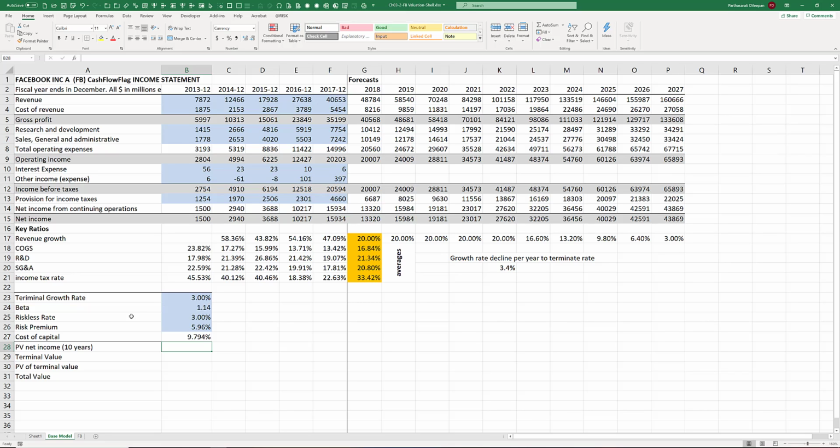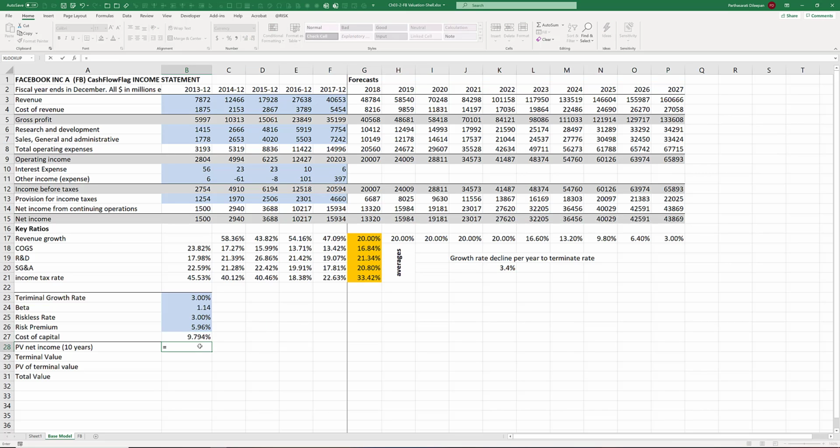Now with that discount rate, we can set up the value. So we have the present value of net income for 10 years. So that will be net income, the 10 years of income is right there. Okay, and we have to use the cost of capital from here.